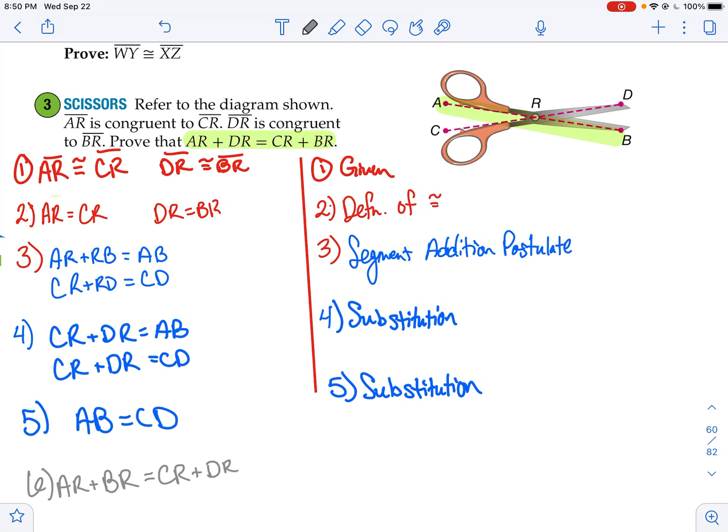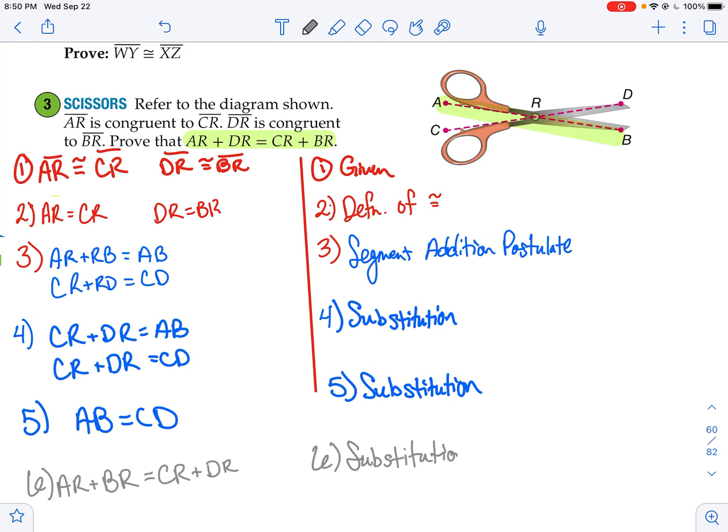And I know that AB is equal to CD, so I just plug in this stuff here, because these are the same, so I can substitute in this for this, and I end up with AR plus BR equals CR plus DR. Again by substitution.